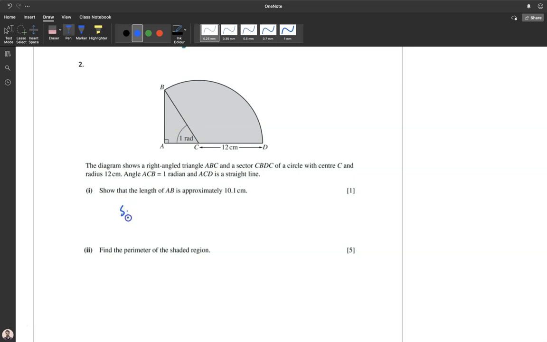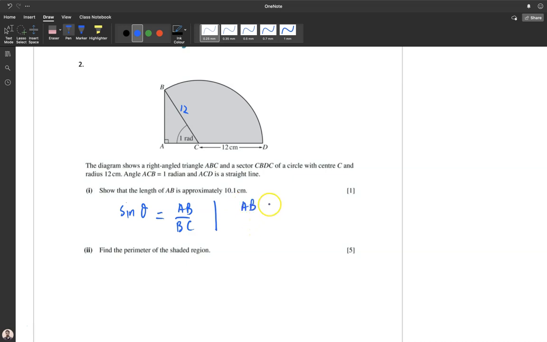I'm just going to use sine of theta equals opposite over hypotenuse. We know this hypotenuse value because this is a radius of the sector. Therefore, if this is 12, this should be 12. Now all I need to do is substitute the values and make AB the subject.